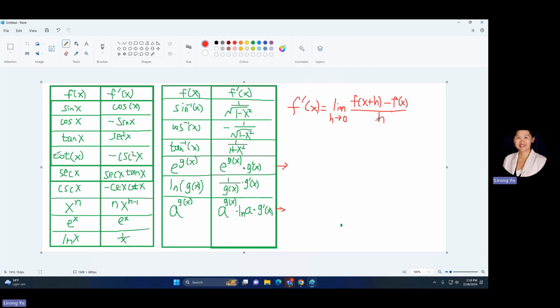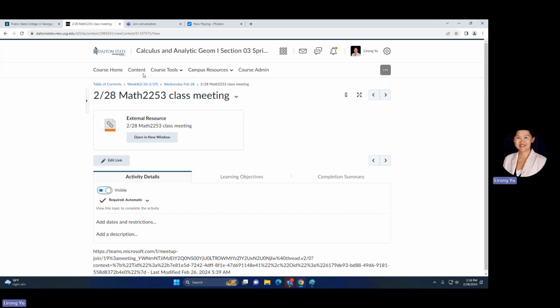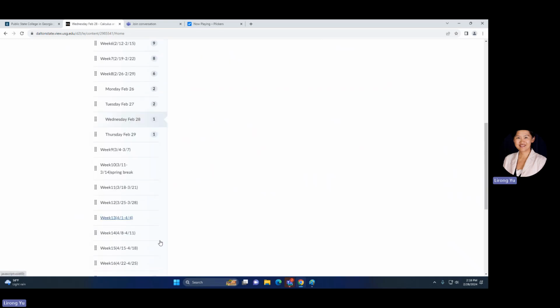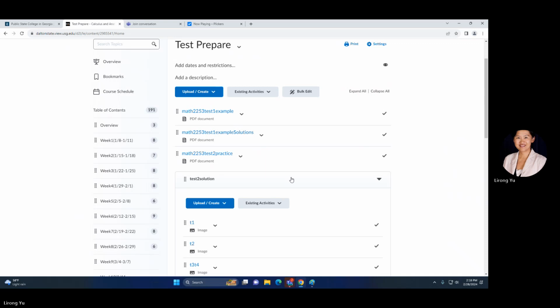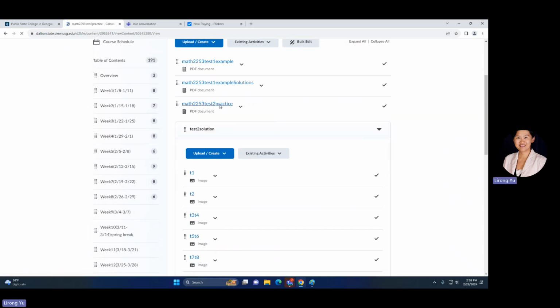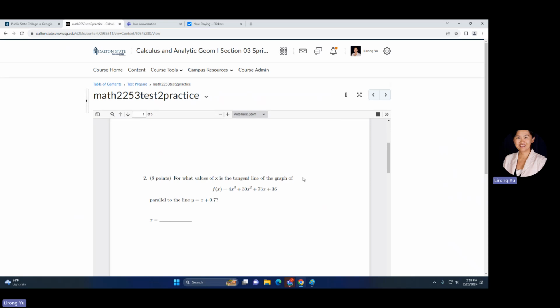Any questions? I kind of forgot how to use the last one. Do we ever use it? I think I had a question on the first test, the derivative using the long way. Yeah.